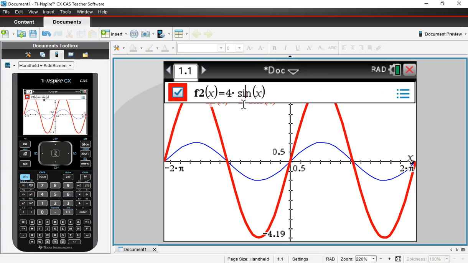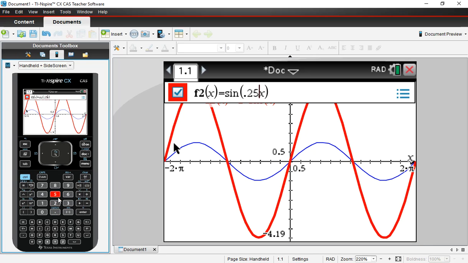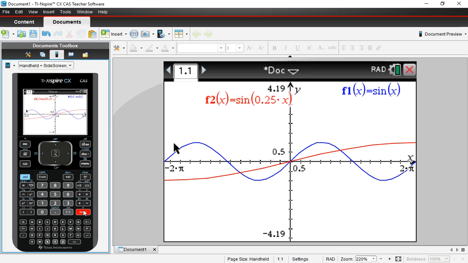Well, what if I wanted this to be sine of 0.25x? That stretches the blue graph out so far that it almost looks like a straight line.